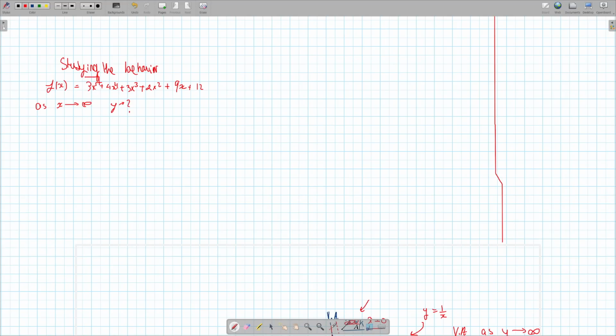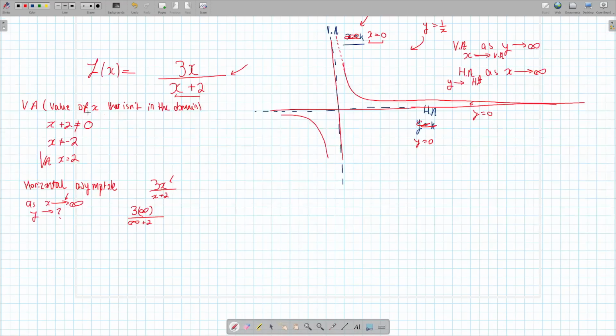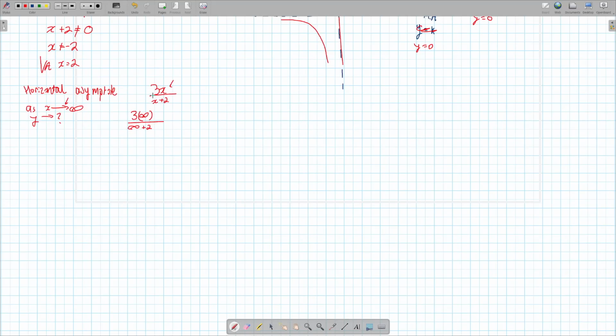I only take the highest degree term. This is a rule in math. You only take the highest degree. It doesn't matter here, but if you had 3x squared plus 2x, you'd only take the highest degree term because that's what you care about. But I don't have it here, but you're going to see it in other questions.